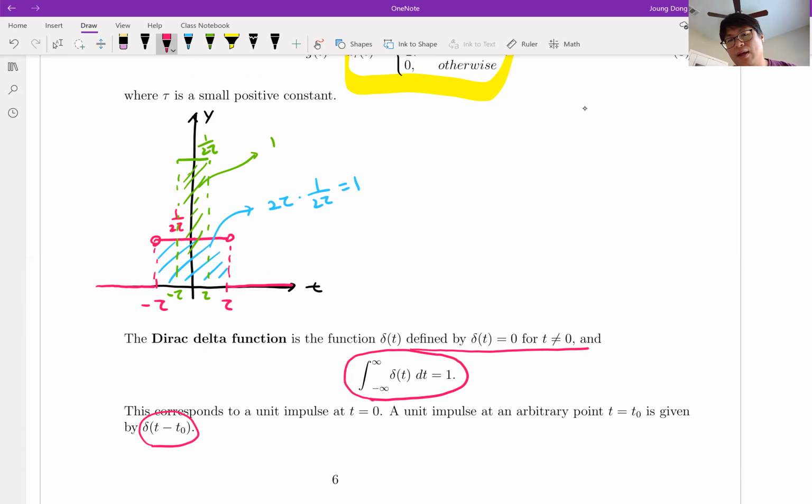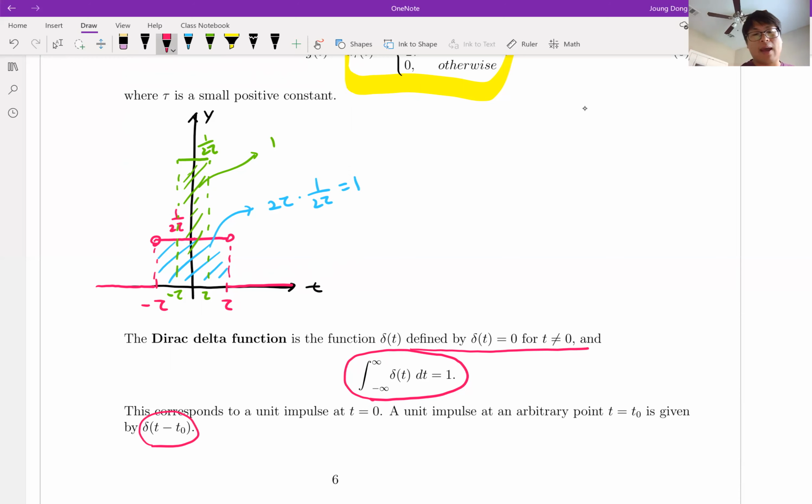It is not easy to understand the meaning of this, but as long as you understand that the Dirac delta function represents the impulse at time t equal to t0, that's enough, I think. We would love to talk about how we can solve a differential equation with the Dirac delta function on the right-hand side as a forcing term. That's the important part.